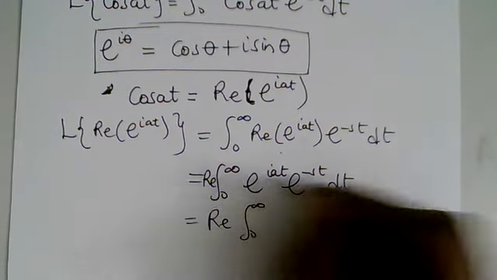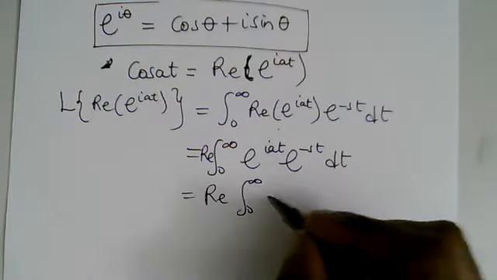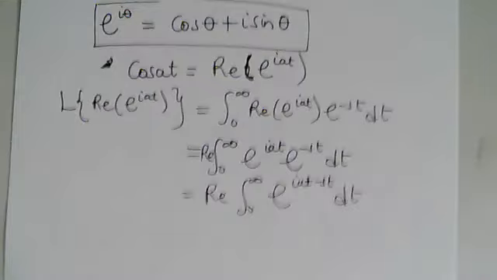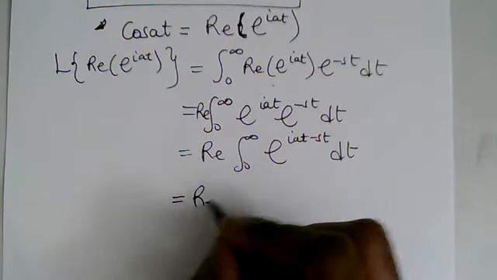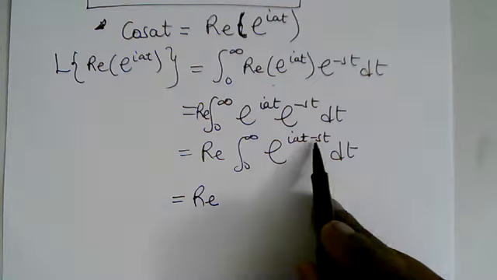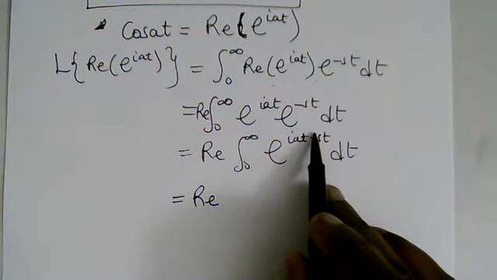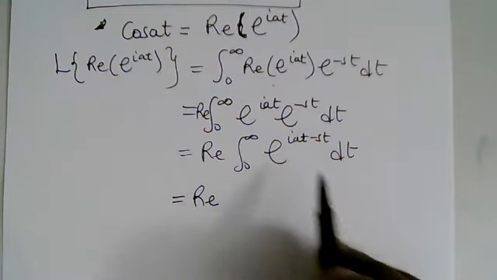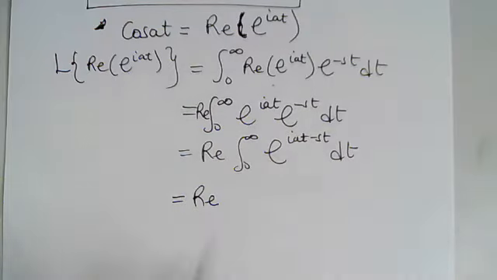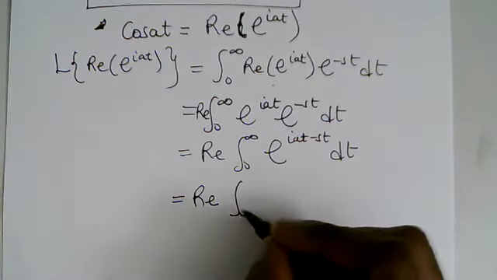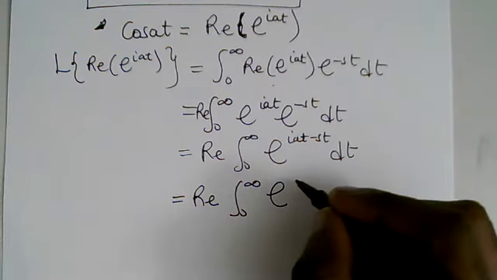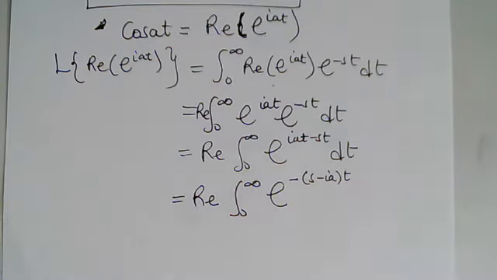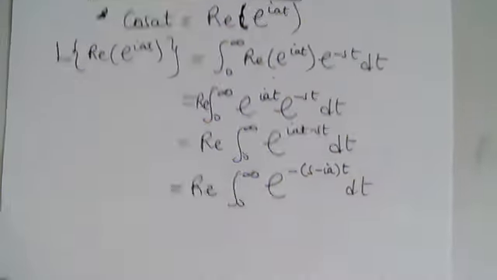Next I put these two together, and I have e to the power i at minus st. Now I want to factor out t from this exponent, and I will factor out minus to ensure that my integral converges. So this will be minus s minus ia, with t outside, dt.